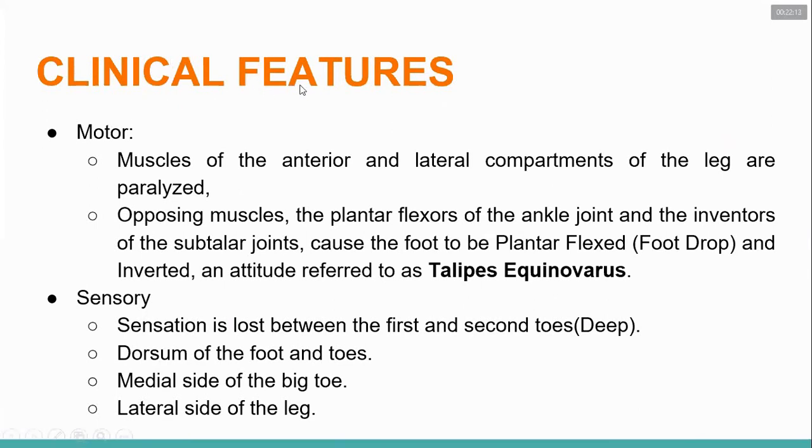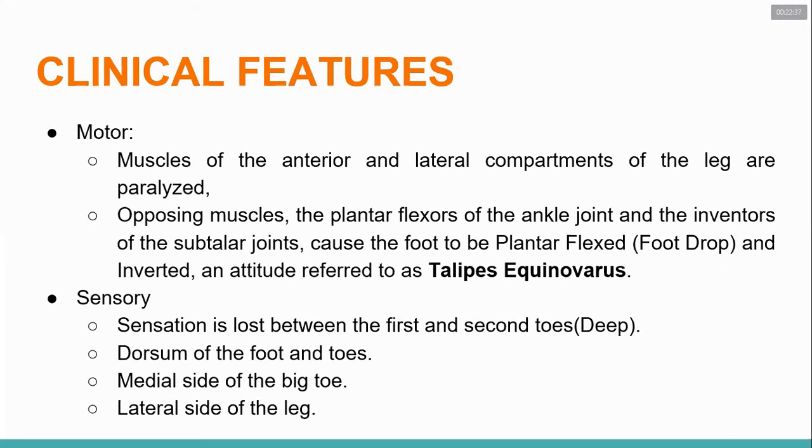So what will be the clinical feature? Now, as you all know, the common peroneal nerve supplies the anterior and the lateral compartments of the leg. The anterior compartment muscles are the dorsiflexors and the lateral compartment muscles are the evertors. So if your dorsiflexors and evertors are paralyzed, you have the opposing muscles. What are the opposing muscles? These are the plantar flexors and your invertors. Plantar flexors and invertors are supplied by the tibial nerve.